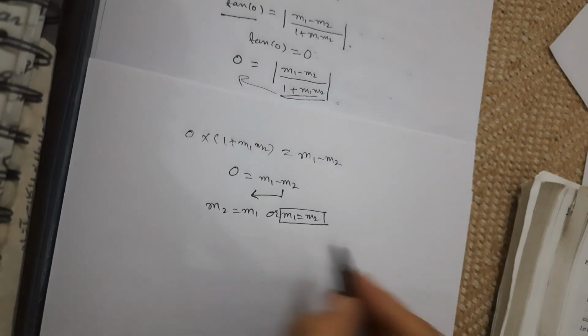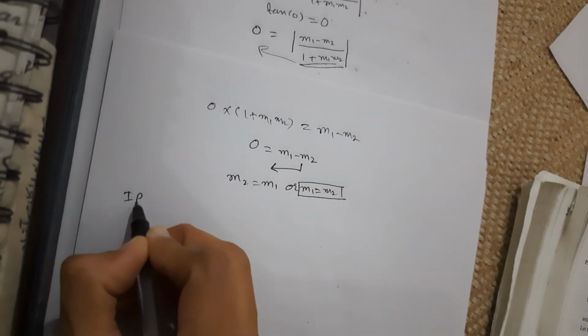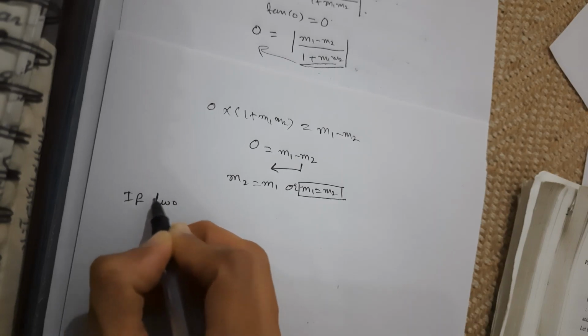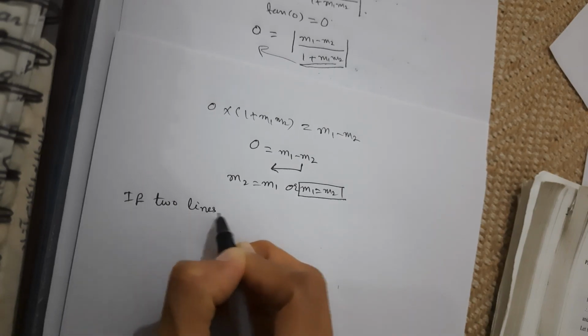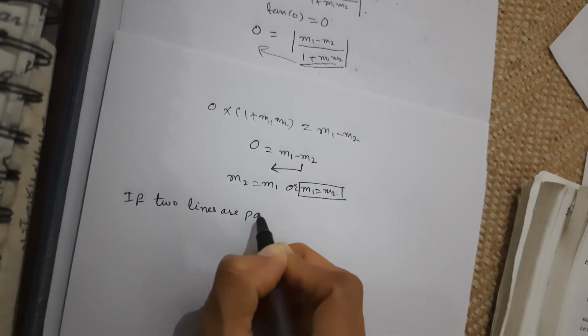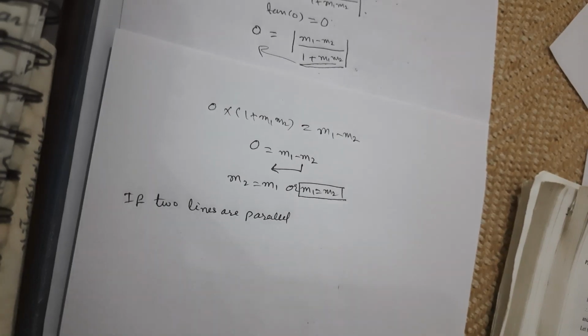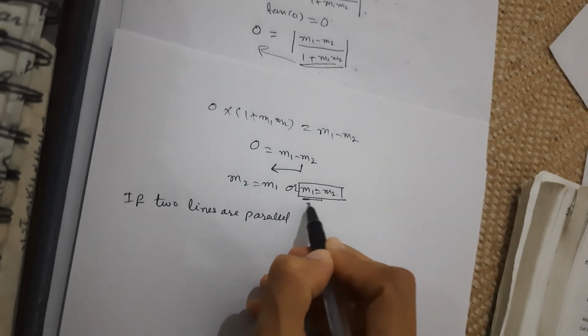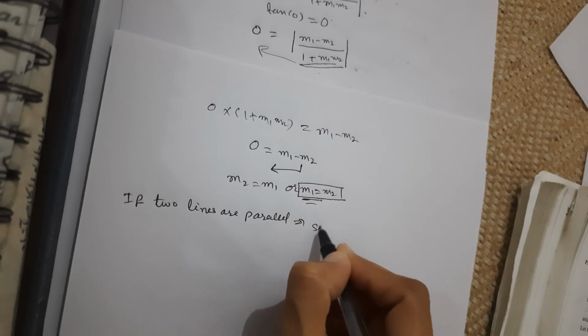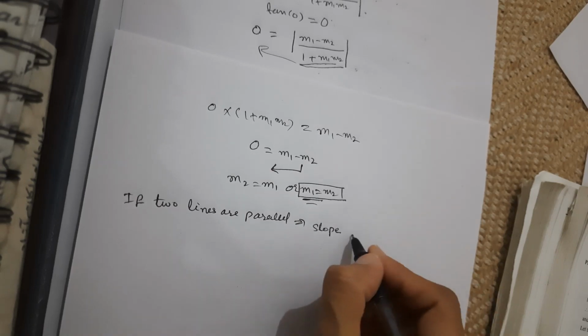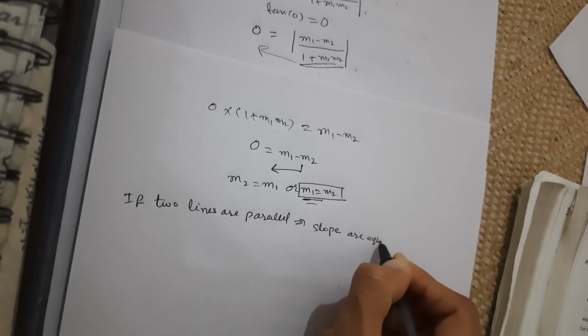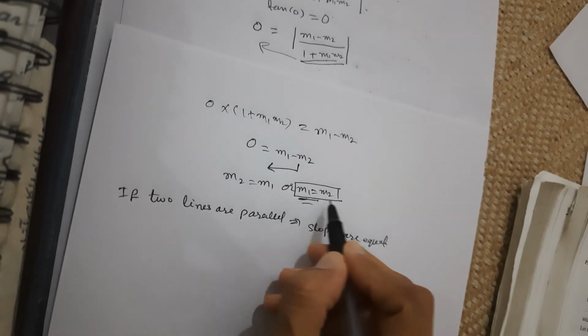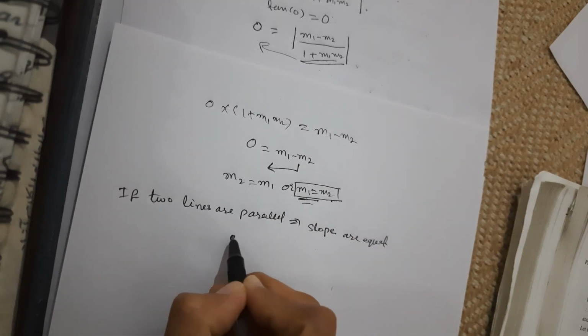So if two lines are parallel, what condition do we conclude? Their slopes are equal: M1 equals M2.